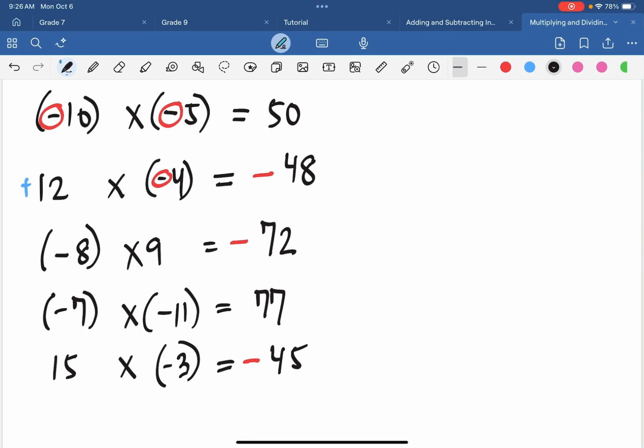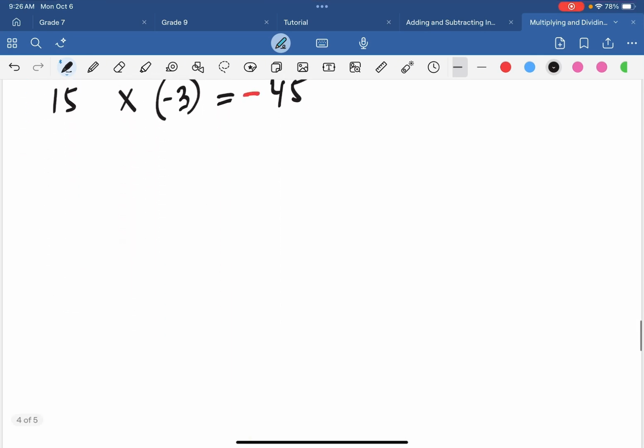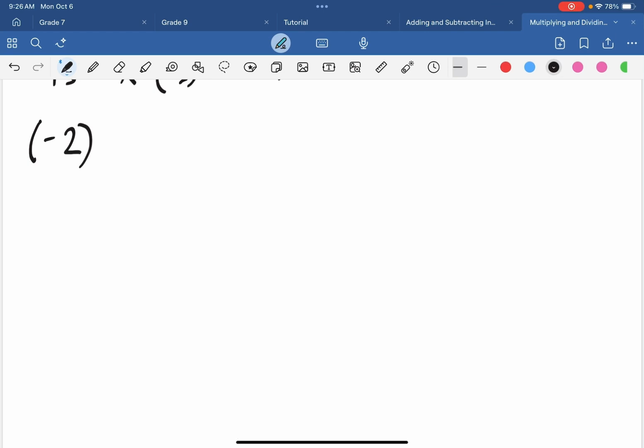But instead of ending this, let's just have one last example. So instead of using 2 terms, let's have 3 instead. So here, let's have negative 2 times 4 times negative 3.